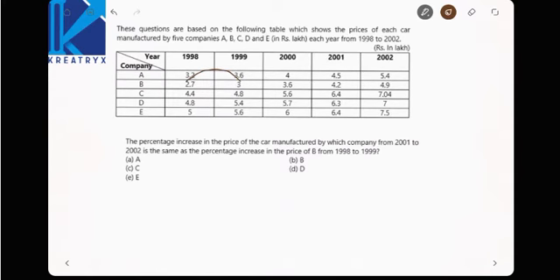This is nothing but 0.3 by 2.7 into 100. This is nothing but 1 by 9. 1 by 9 is nothing but 11.11 percentage. So observe which company has an 11.11 percentage increase in 2002 from 2001.